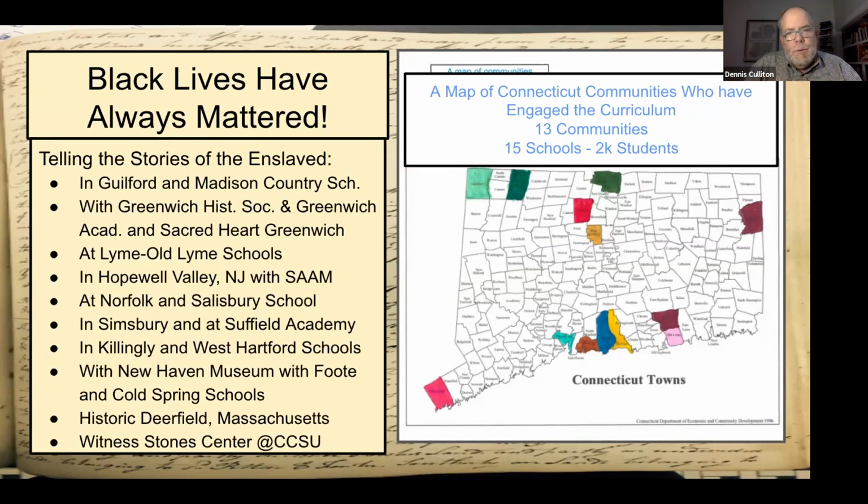Hopewell Valley, New Jersey, with the Stroudsburg Sauerland African American Museum at Norfolk, Connecticut, with the students from Salisbury School and Simsbury, and at Suffield Academy, and Killingly and West Hartford schools, with the New Haven Museum and Foot and Cold Spring schools, historic Deerfield, Massachusetts, and we're going to be opening soon at a state university near you. We're going to have a Witness Stone Center soon at the Central Connecticut State University.